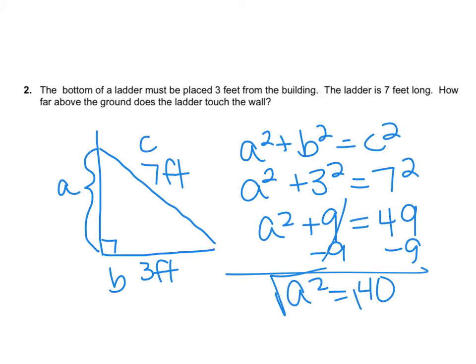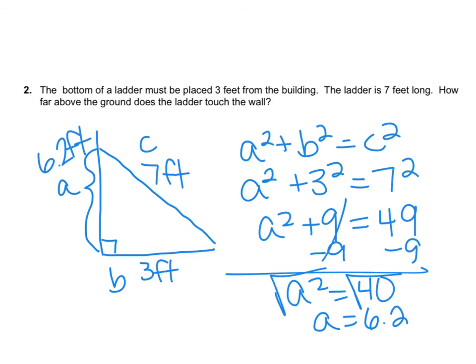And now remember, I don't want to have A squared, I want A, so A is going to be equal to 6.3245. So let's just say 6.3. So the ladder touches the wall 6.3 feet above the ground.